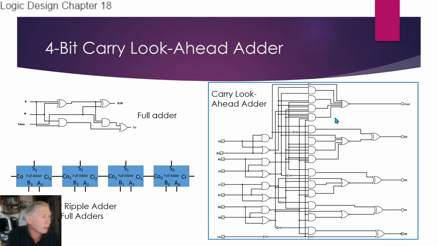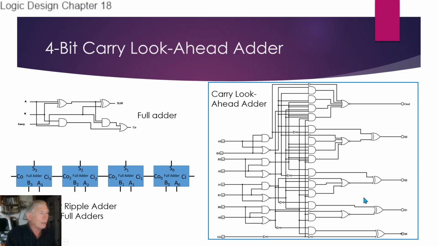Notice the carry out has a lot of hardware. And notice sum 0 just has a couple of gates and maybe an inverter or two. Sum 1 has a couple of AND gates, another AND gate, a couple of layers here. And as we go to each bit, there are more and more gates involved, and finally a lot of gates.